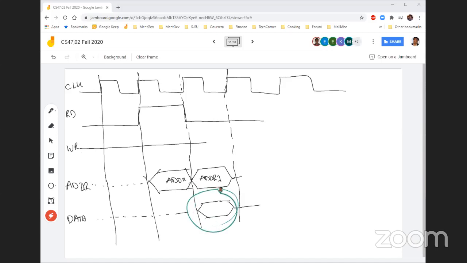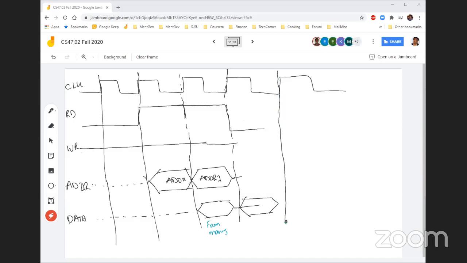For that as well, it can keep the read signal high for the time being, so that it becomes the next read signal. Now, for this read, the corresponding data will come at this cycle. So this is also from the memory.